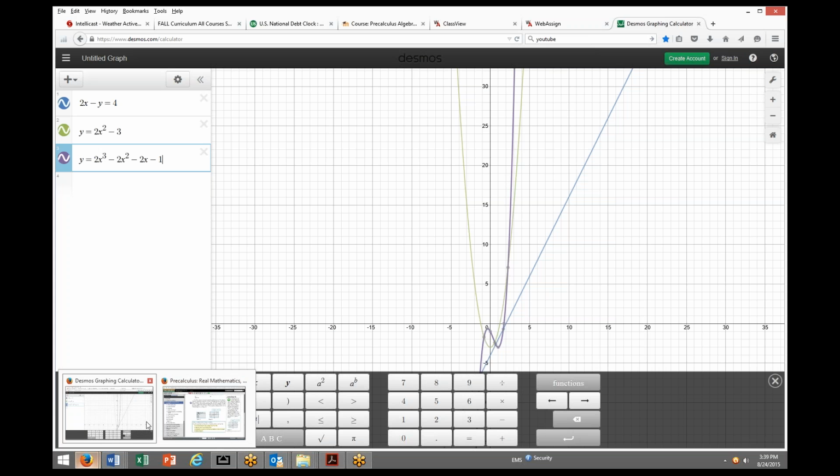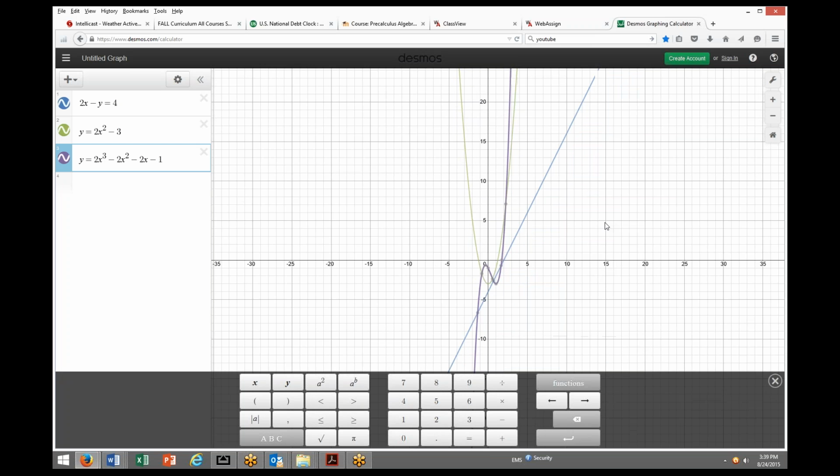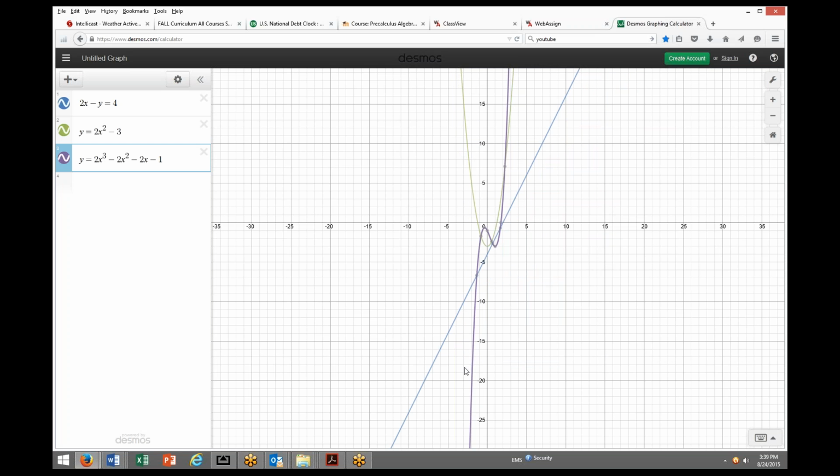Now we have another one on there. We have a cubic equation now. You can see how the cubic equation comes up from the lower left, suddenly drops back down again, and then goes up again, literally forever and ever. So rather complicated equations can be graphed quite simply using Desmos.